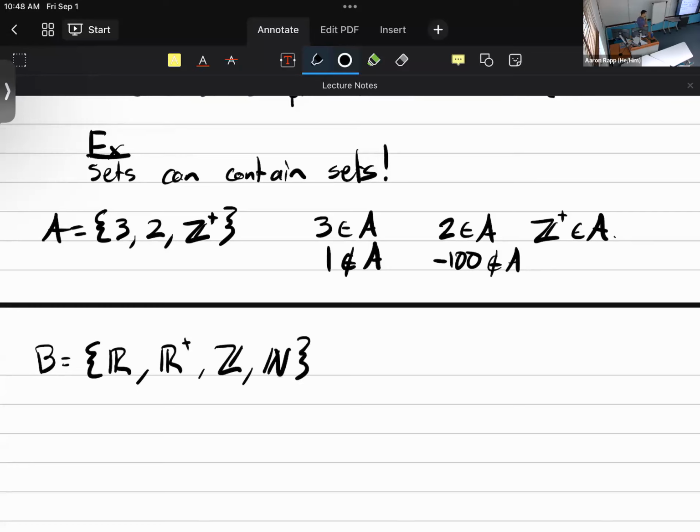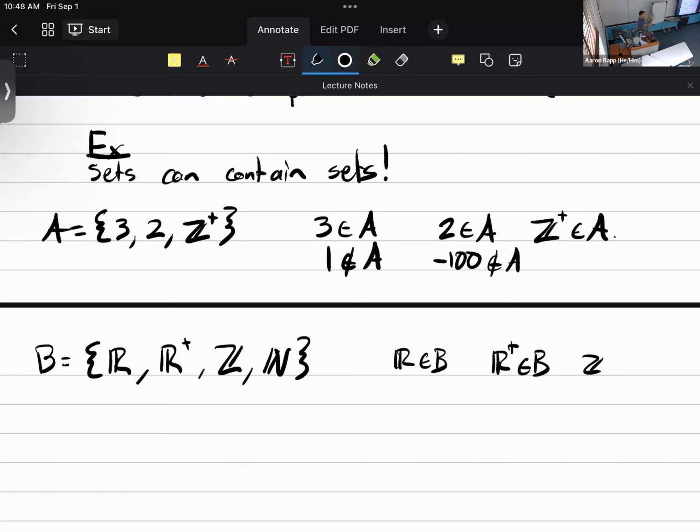This is one example. We can do another. Then define the set B. How many elements or objects are in this set? Just 4. What are those 4 elements of this set B? The real numbers, positive reals are elements. And when I say the positive reals, I'm not talking about the members of the positive reals.